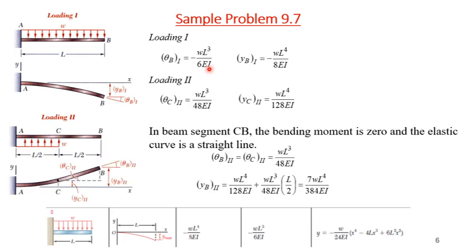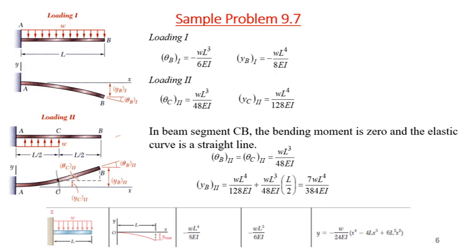you have to look carefully in this case. For example, from A to C, let me change the color of my pointer for more clarification. From A to C, it will bend as a curve because the loading is there.